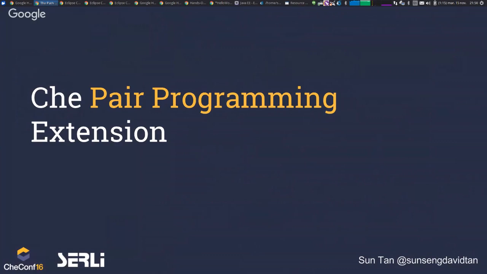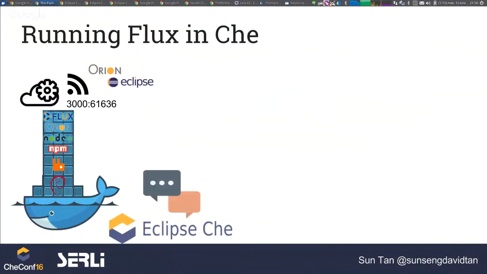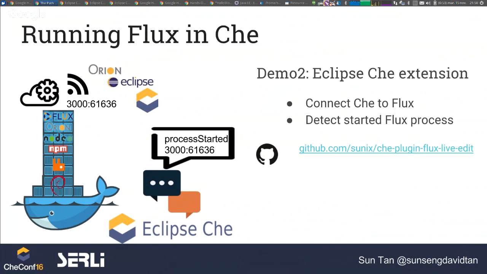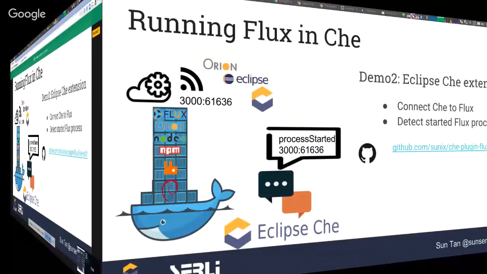I'm going to show you the extension that we have been working on in Che that will connect to the Flux organization. What we have to know is that Eclipse Che sends a lot of event notifications, such as when you start a command, that the process has been started. This is how, from the extension, we can get the events and connect the Che editor into the same programming session.